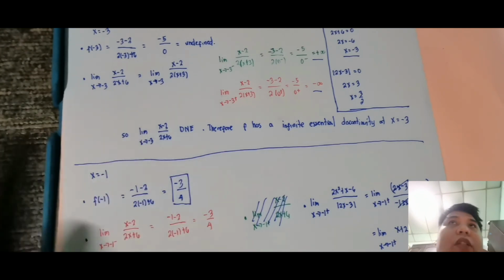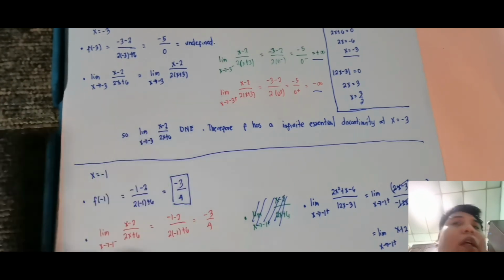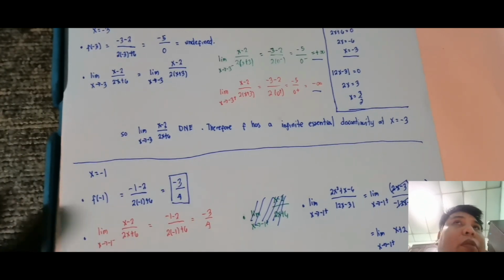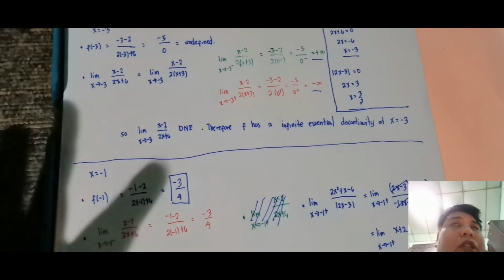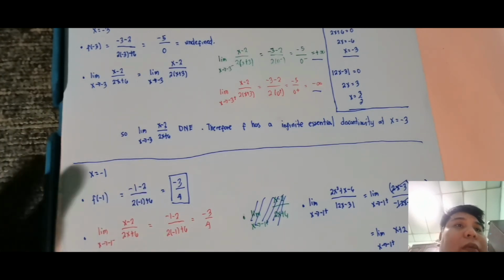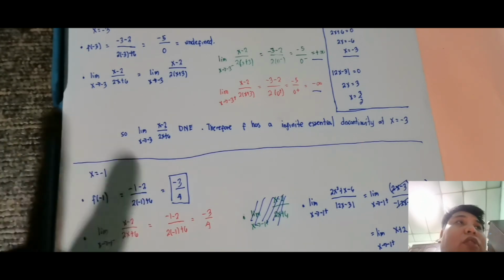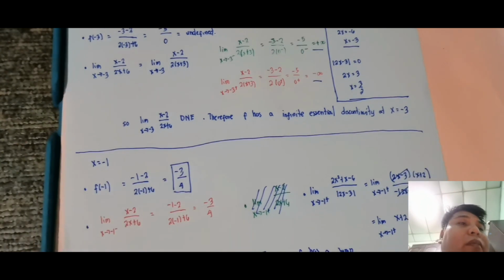Yung f of a mag-exist o hindi o mag-define or hindi, wala tayong pakialam doon. Okay, ang importante talaga sa atin yung limit. So sa limit tayo mag-base kung pag nag-exist, possible siyang removable. Okay, then pag hindi nag-exist, possible na kunin mo yung left and right. Lagi mo ganun, kunin mo yung left and right pag hindi mo kayang kunin.